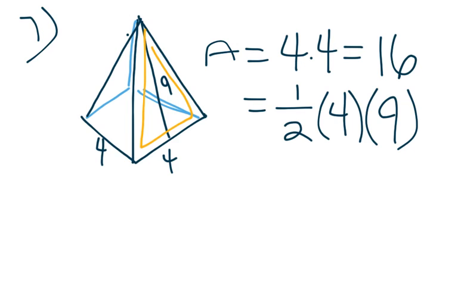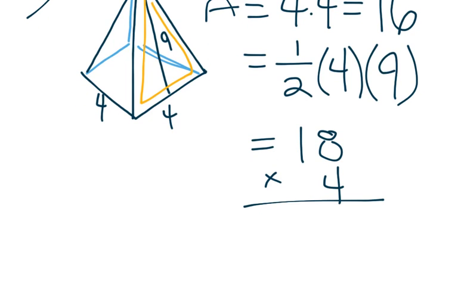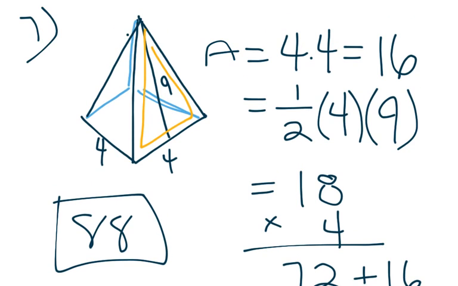So half of 4 is 2, times 9 is 18. That's the area of one side, and we multiply this by 4, and that is 72. Now we add the area of the base to that. 72 plus 16 is 88. And this is the answer for number 7.